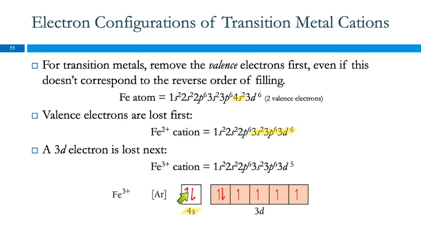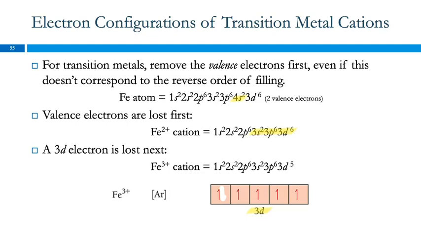So those get lost first. So that one and this one. And now that's completely gone. I wasn't planning to do that, but it kind of worked out that way. And now this is part of the valence shell. And so now we're going to take an electron out of there.